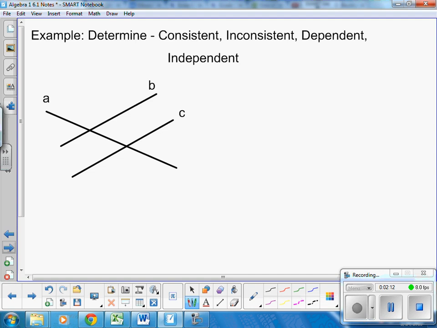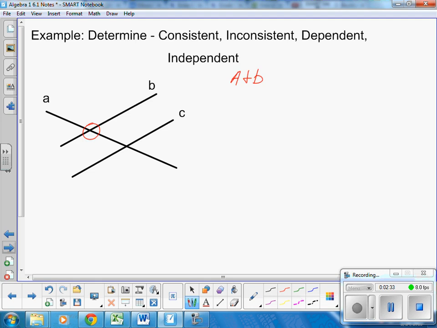So when we take a look at this, we have to determine what is consistent, what is inconsistent, dependent, or independent. Let's look at the lines A and B. A and B have this intersection.